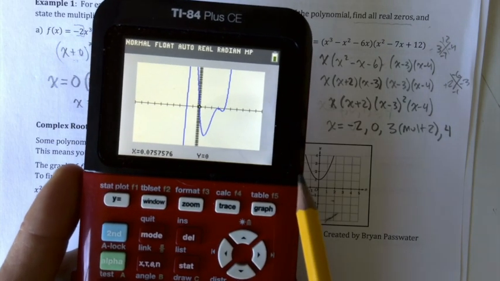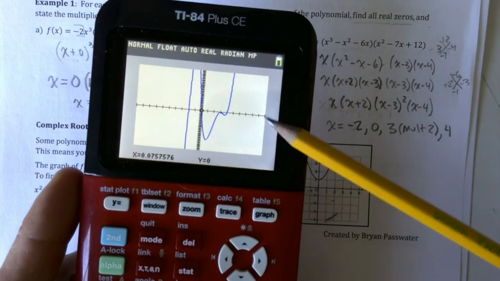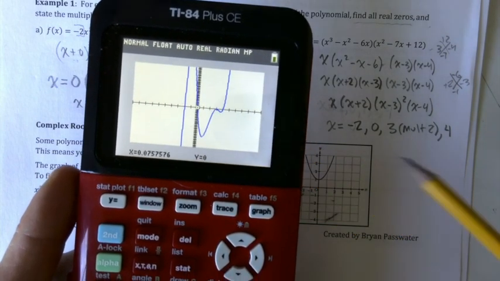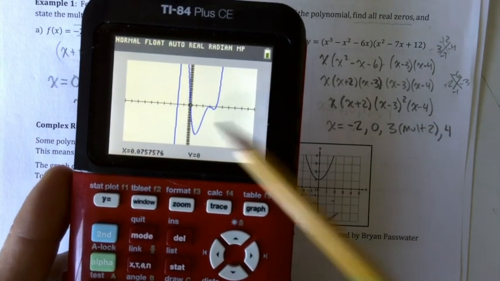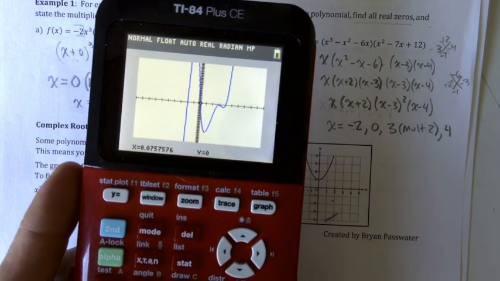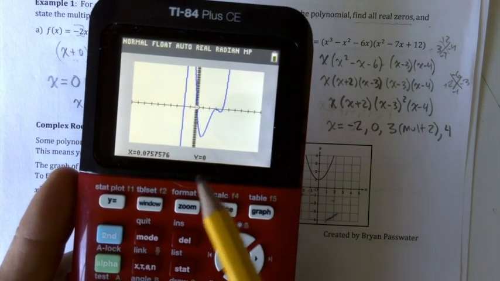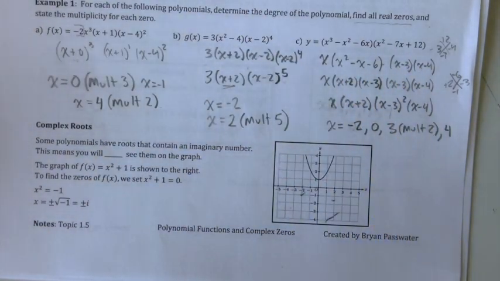So the one thing about this is if you were to graph it and look at this graph, multiplicity may mean that it has a multiplicity of 2, but remember, all even numbers would have that same bounce, so it could have multiplicity of 4. So you can't necessarily tell directly from this graph right now. I do need you to factor them.